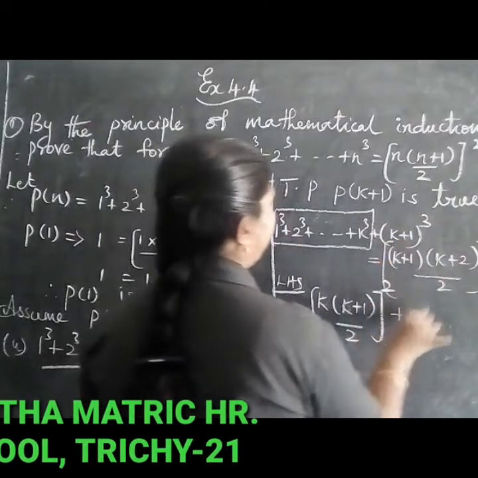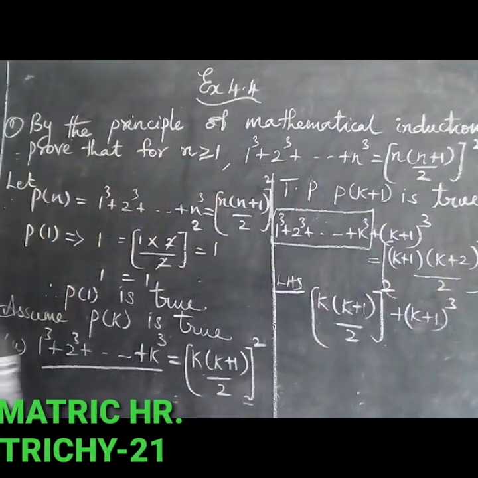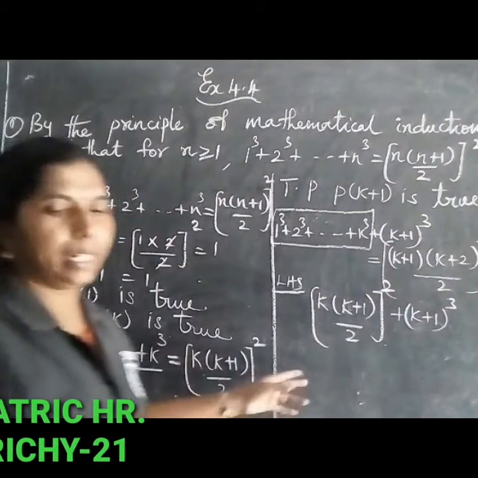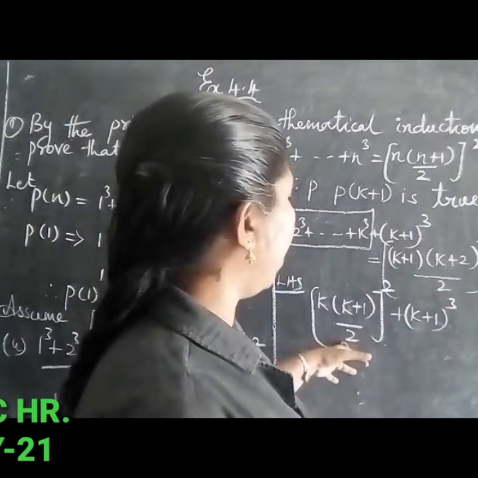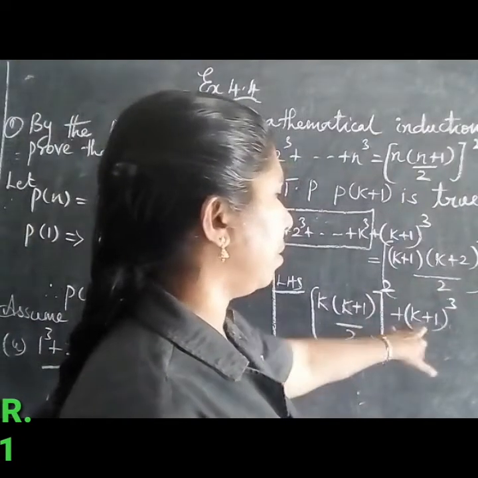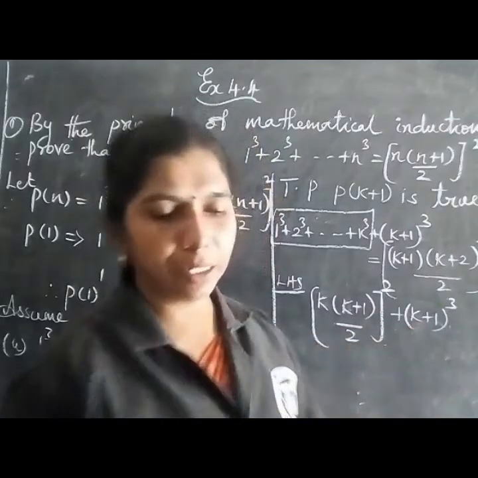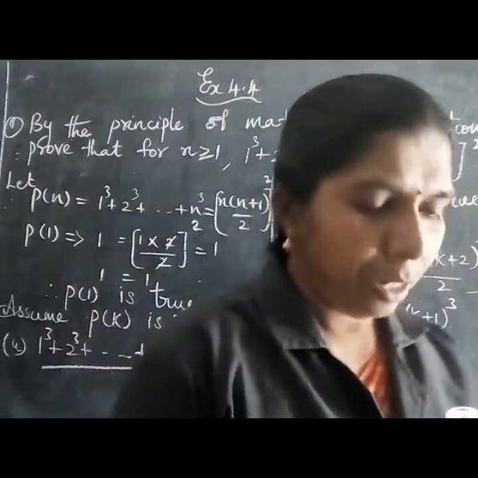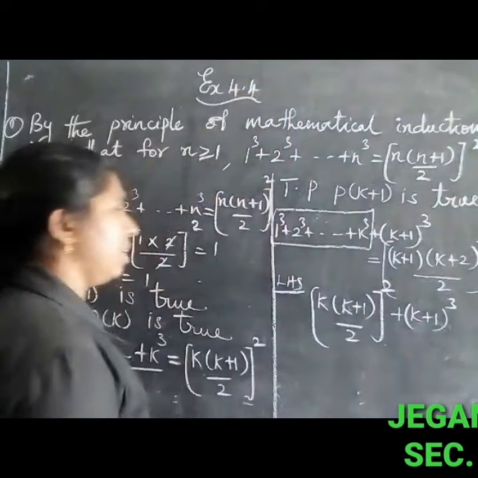The next one we are having (k+1) the whole cube. So next if you are taking LCM, here 4 as LCM, the next term (k+1) the whole cube can be written as 4 into (k+1) the whole cube.